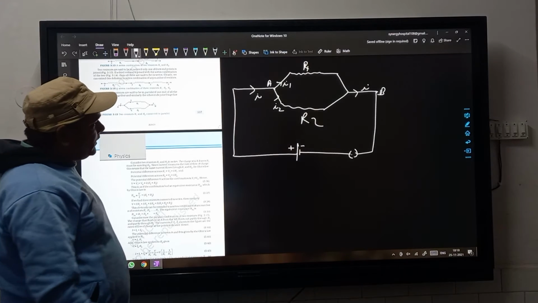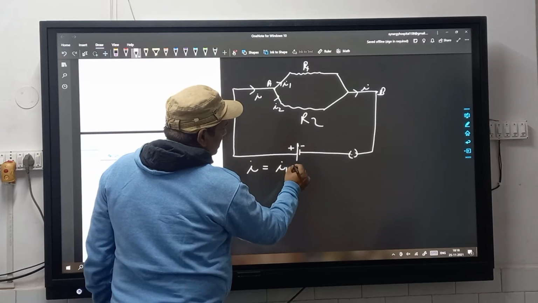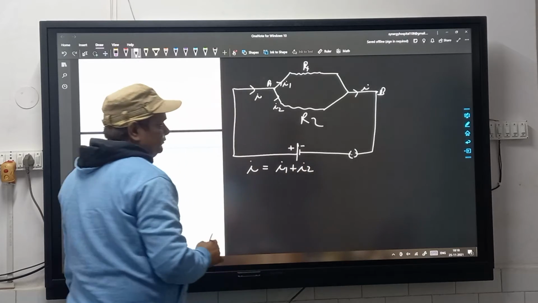Hence the total current I equals I1 plus I2.